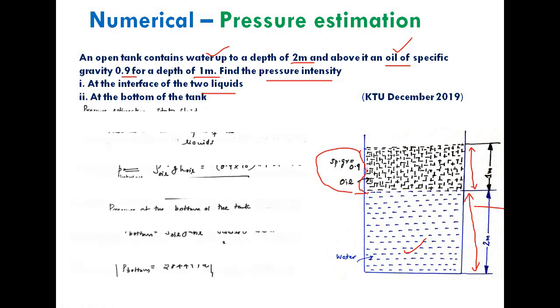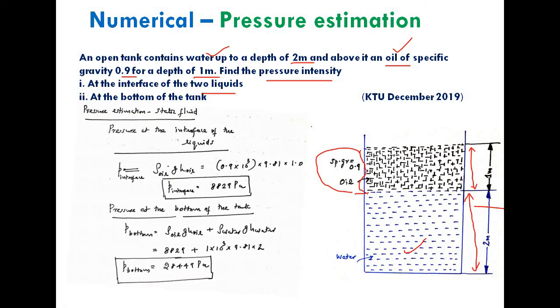So the pressure at the interface of two liquids equals rho g h of oil. Rho of oil is 0.9 into 10 raised to 3, because the specific gravity is given as 0.9. So 0.9 into 10 raised to 3, into g, into 1 meter, that is h. So the interface pressure in pascals is 8829 pascals.